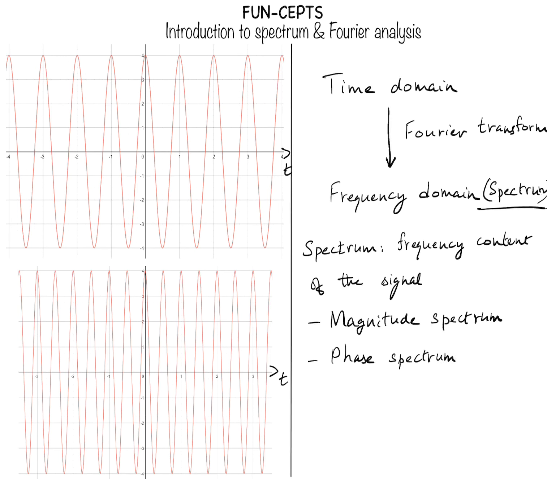The magnitude spectrum gives us information regarding the magnitude of the different frequency components present in the signal, and the phase spectrum gives us information related to the phase of those frequency components present in the signal. Now the focus of this video will be restricted to the magnitude spectrum, again without going into the mathematical details of it. We'll come to a more detailed discussion, including the detailed mathematical notations and representations, in another separate video. Okay, right, now let's try to understand the spectrum of these two waveforms which we have here.